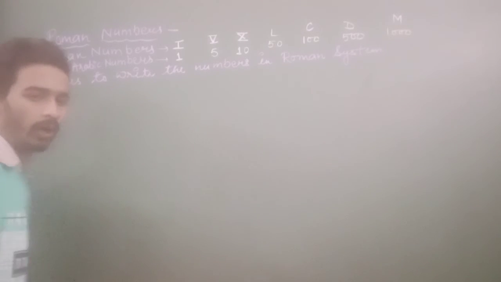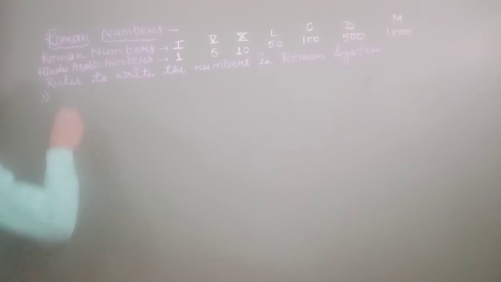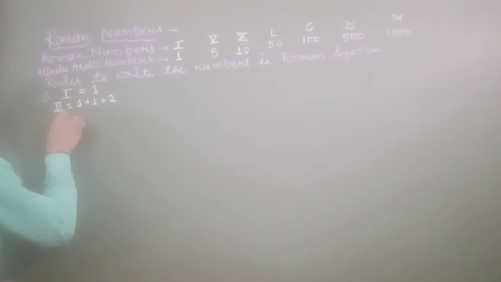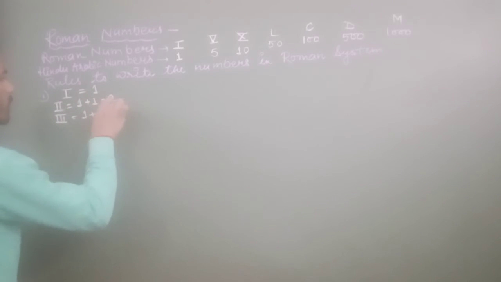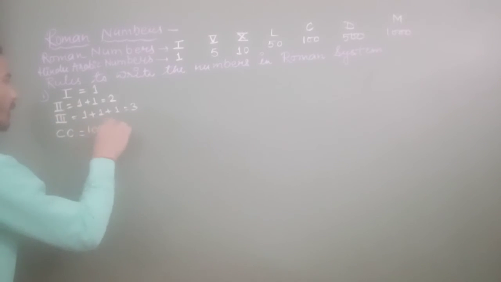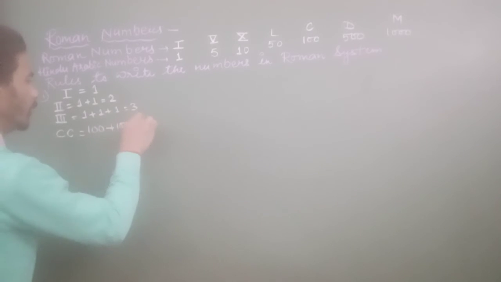For example, for one there is I. For II, it is 1 plus 1, that is 2. For III, 1 plus 1 plus 1, that is 3. For CC, C means 100, so 100 plus 100 is 200.